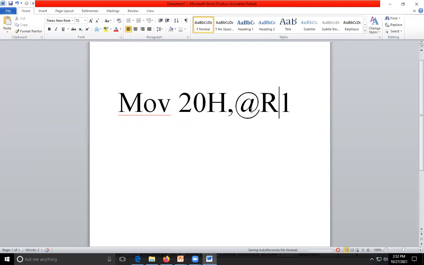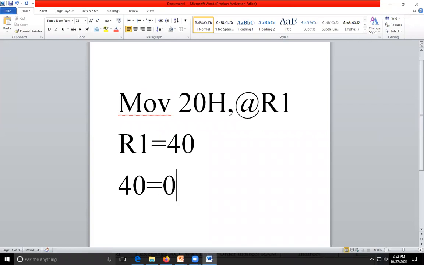This is MOV 20H, @R1. So what will happen after this instruction? See, R1 contains the value 40. At that address 40, the value is 03, and this 03 value is transferred to the 20H location. This is the 20H location where the 03 value is transferred.